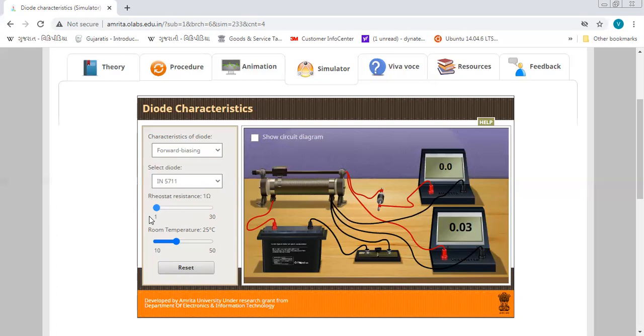In a similar manner, you can also take the readings for reverse bias. Just change it to the reverse biasing mode and start again from 5 ohm resistance and take the readings.